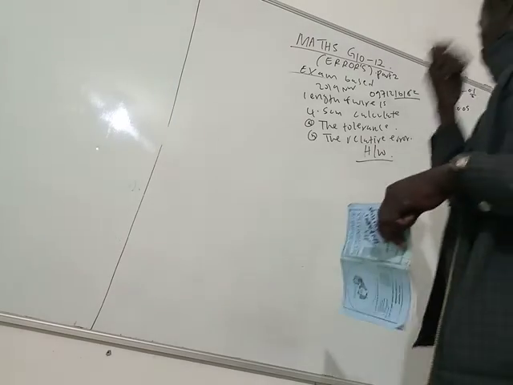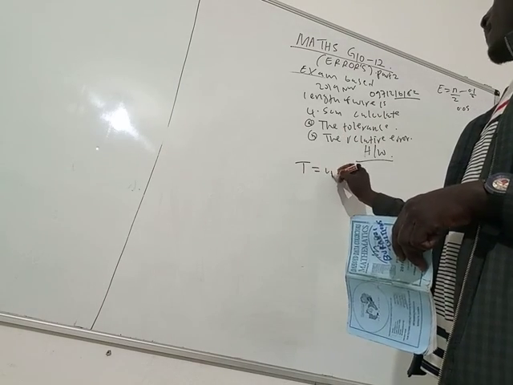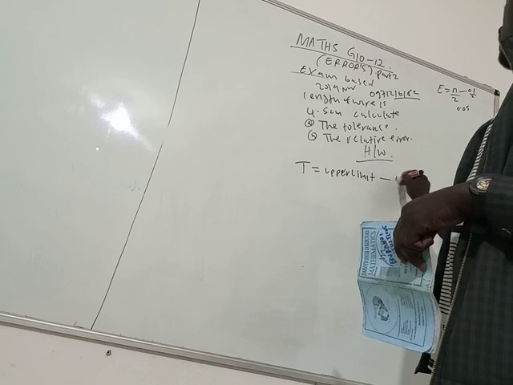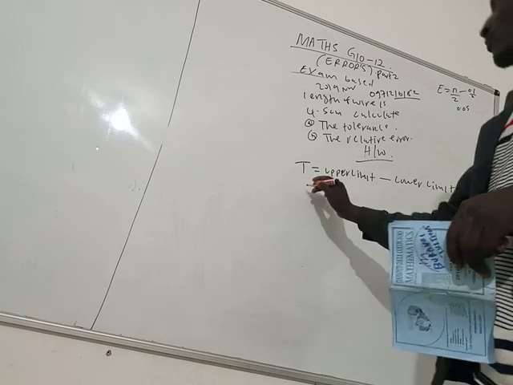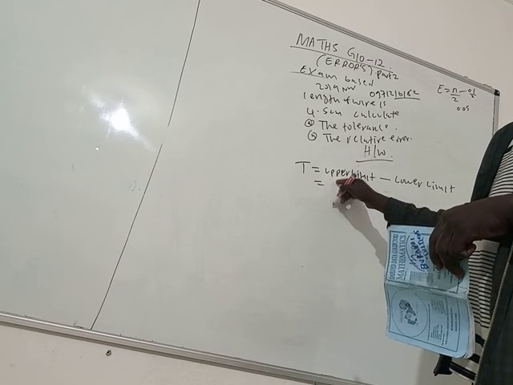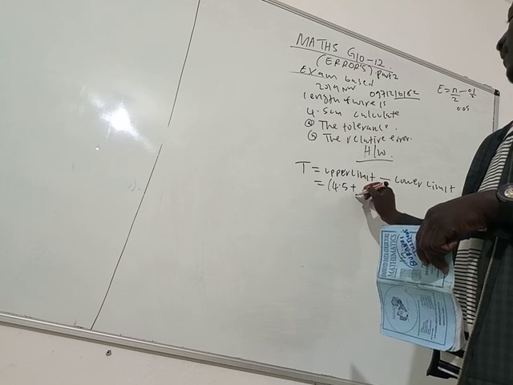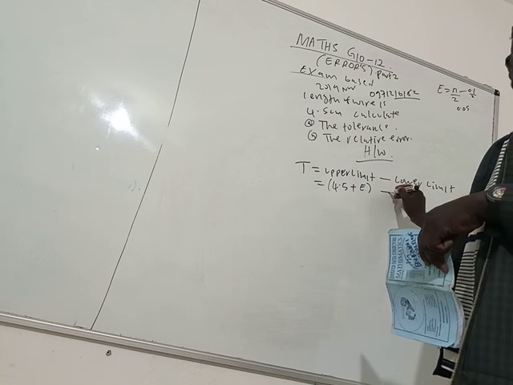So if what you've done is correct, then you are going to say tolerance is equal to upper limit minus lower limit. So remember, upper limit is you getting the value, the 4.5 plus the error, okay?